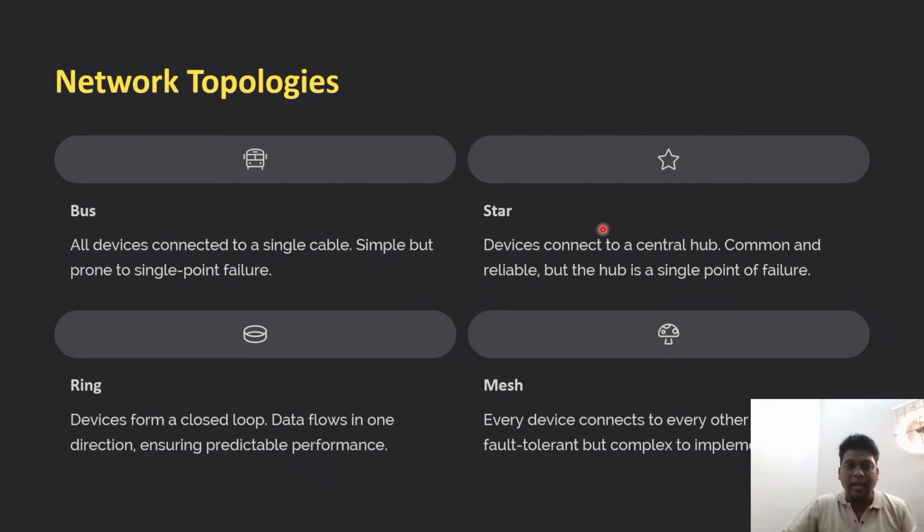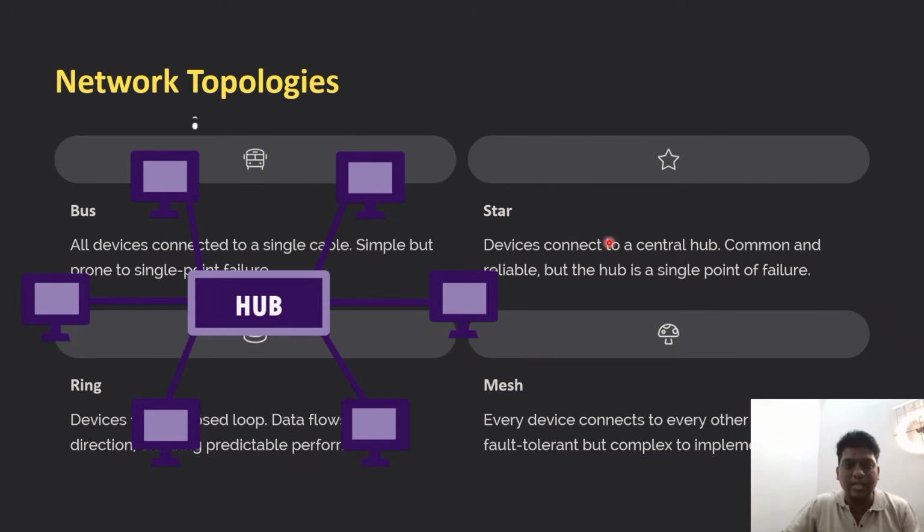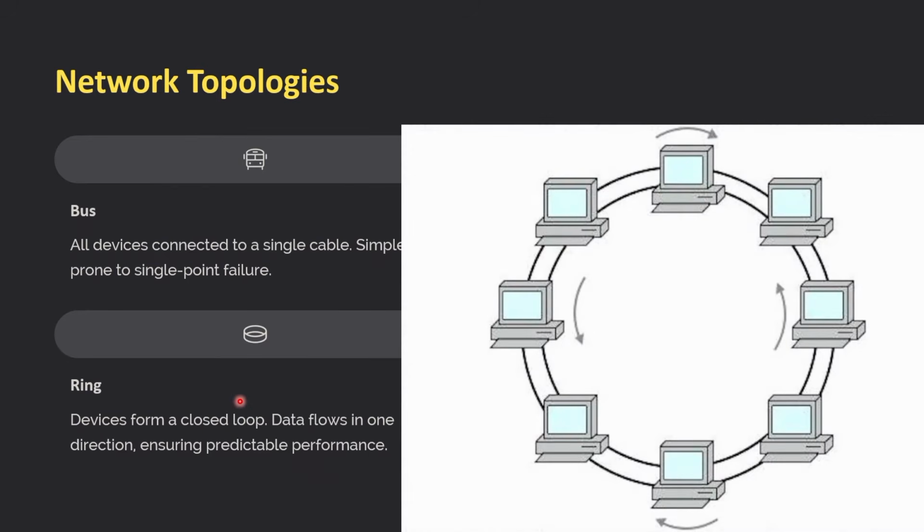Then star topology. Here all devices are connected to a central hub or switch. The main merits of this topology are that it is easy to manage and the failure of one device doesn't affect others. But the drawback is if the central hub fails, the entire network stops. Ring topology: devices form a closed loop, and data travels in one direction or both directions.